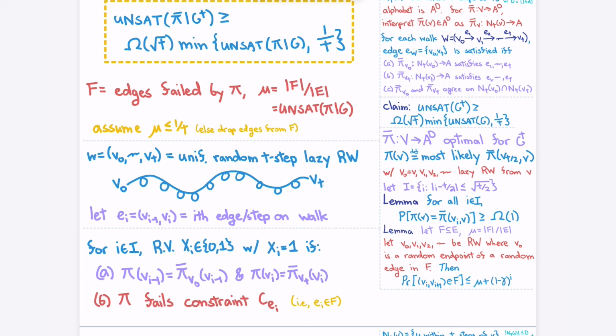So in this random walk, as I go along the edges, particularly close to the middle, we're going to look at A, do I fail this edge? And B, do the endpoints of this edge agree with the two endpoints?